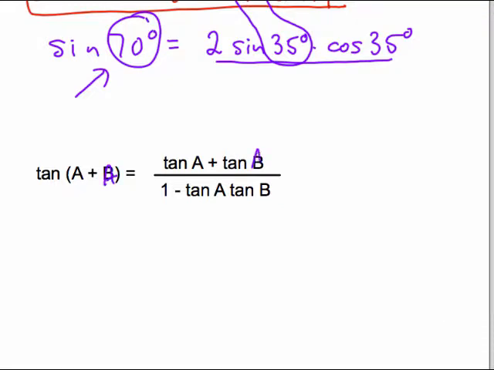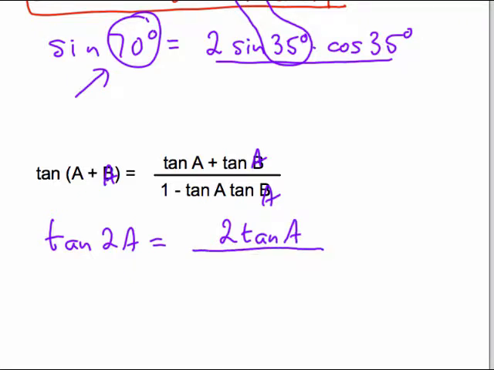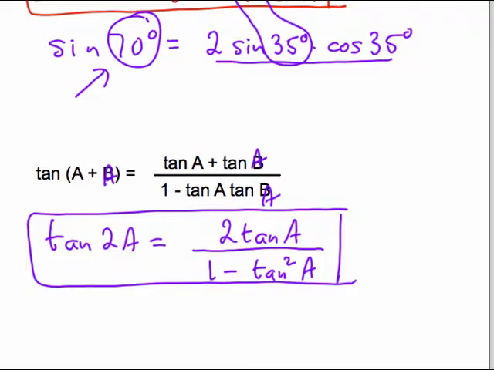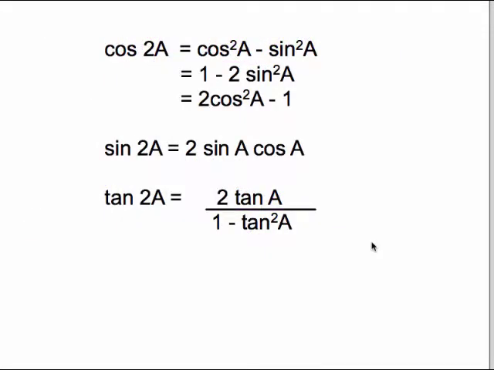Let A equal B. And that's going to make my identity tangent of double the angle is tan A plus tan A, twice tan A on the numerator, divided by 1 minus tan squared A. And there we have our new identities summarized.